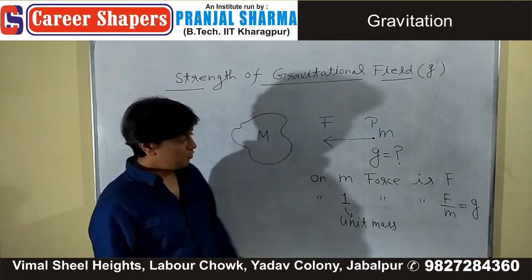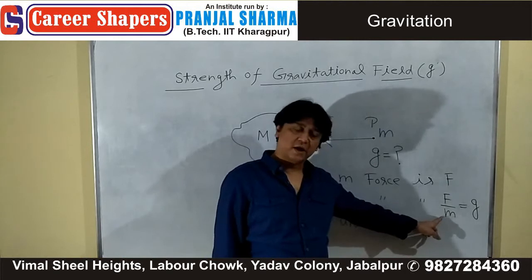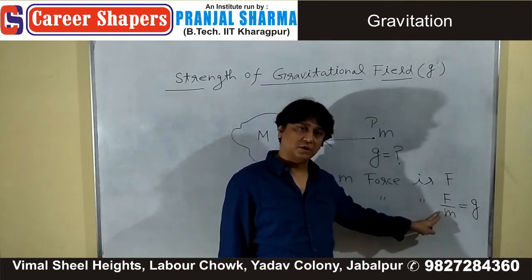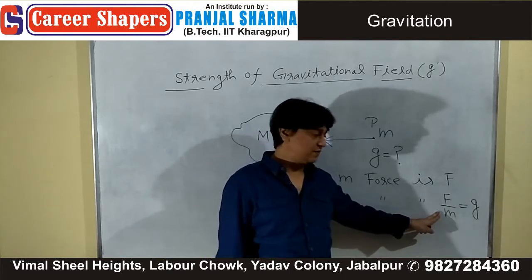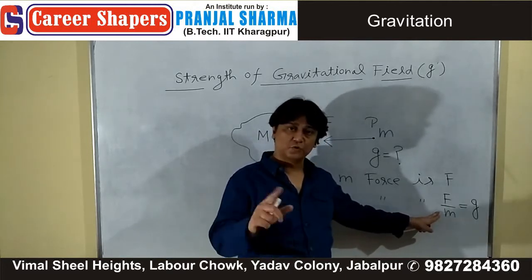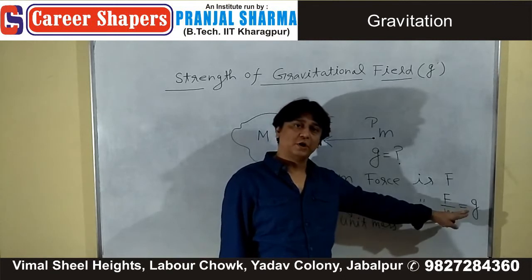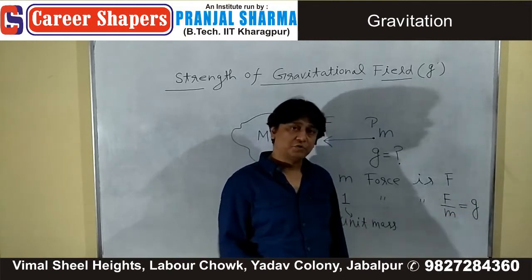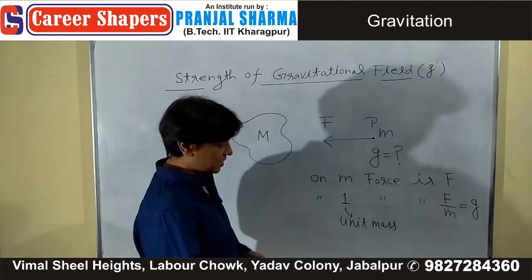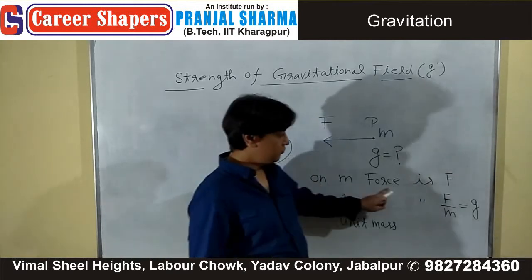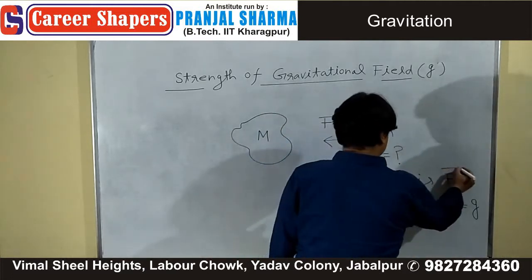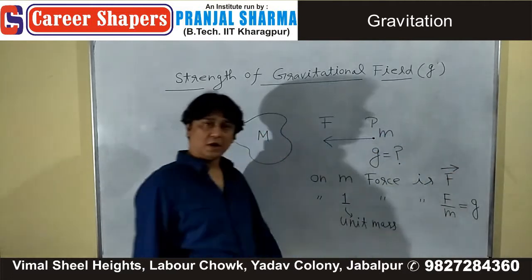Now, from this, first of all, you can see that unit of g is newton per kg. Then you can see that acceleration is force upon mass, and therefore unit of g is also meter per second square. The other thing you can see is this. On m, force is F. What is force? A vector quantity.